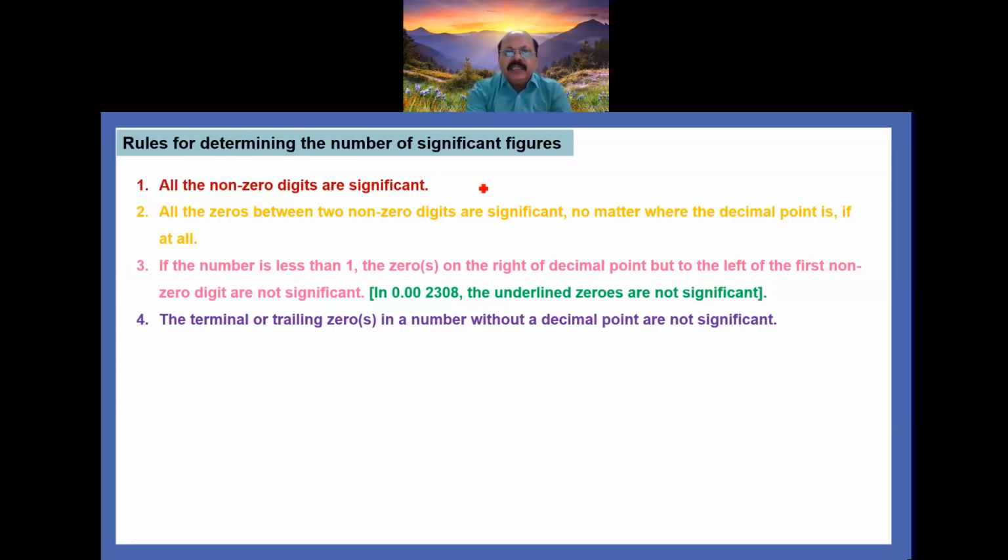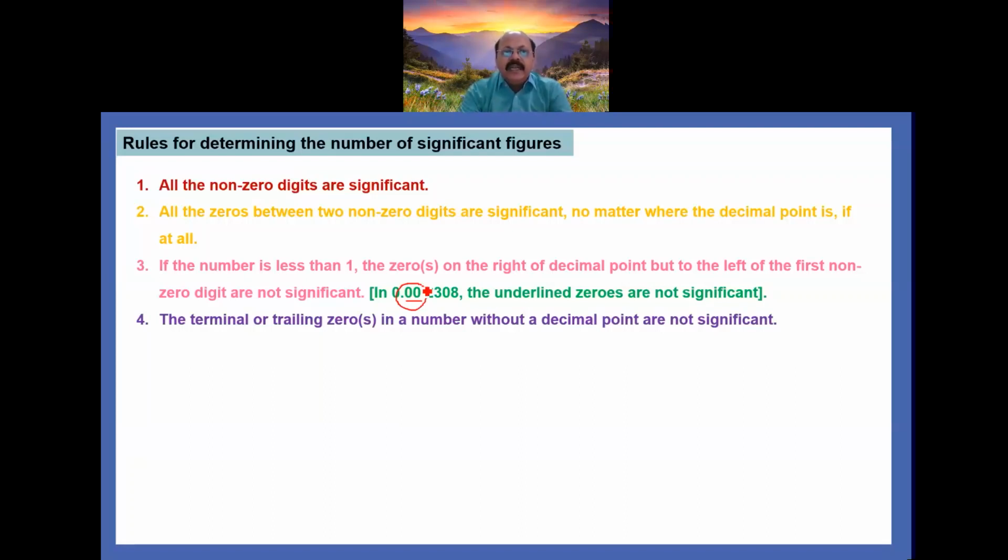You see that in this example, first of all, this number is less than 1, and these two zeros are right of the decimal point and left of the first non-zero digit. So they are not significant. So that's why it has 4 significant figures.